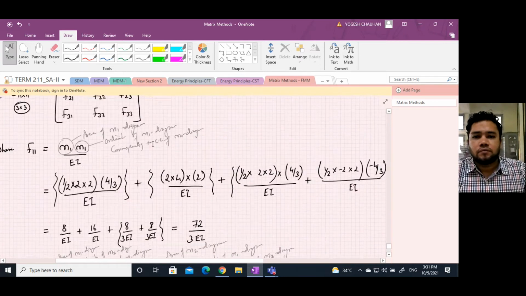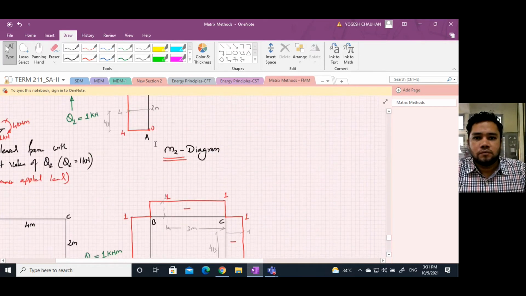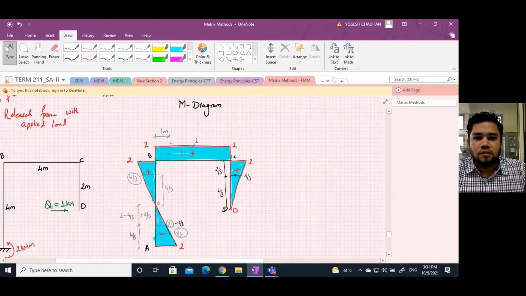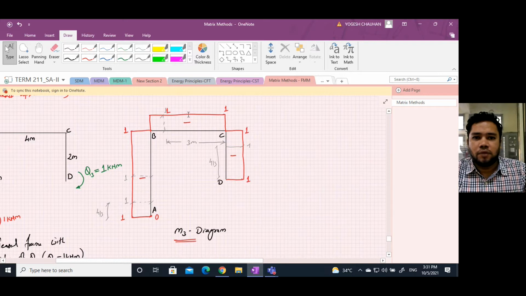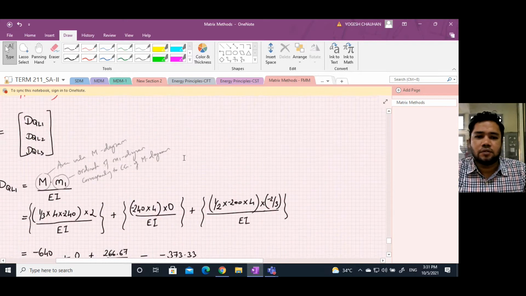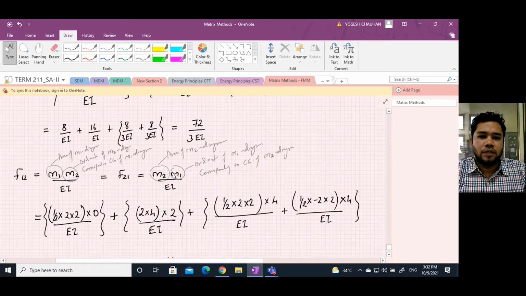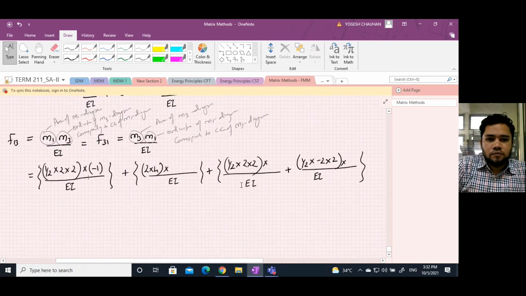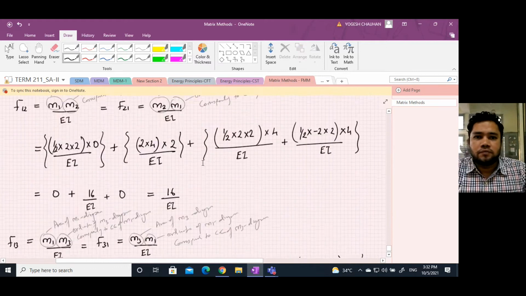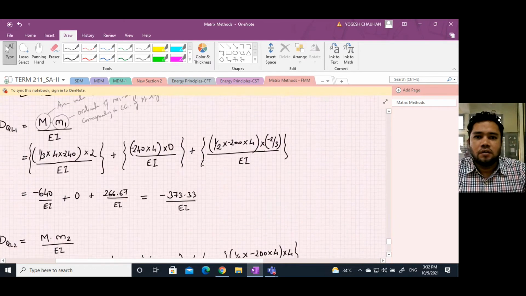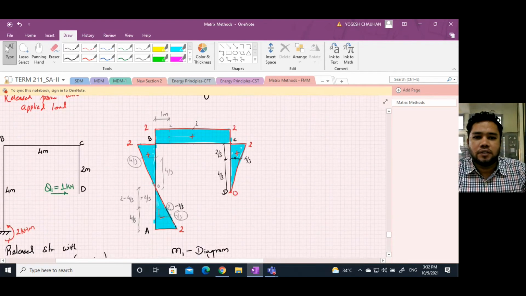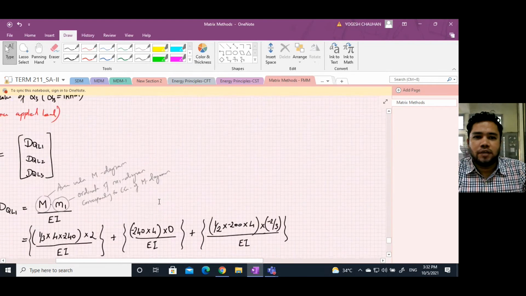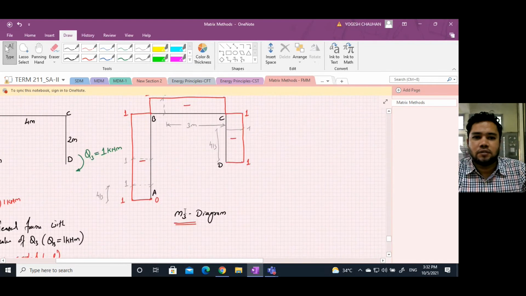Then corresponding to this, the CG is at center, and here it is also minus 1. In M3 diagram, this is also minus 1. So multiplied with minus 1. Okay. Then corresponding to this point and this CG, it is same as minus 1 because this is constant. So minus 1 minus 1.